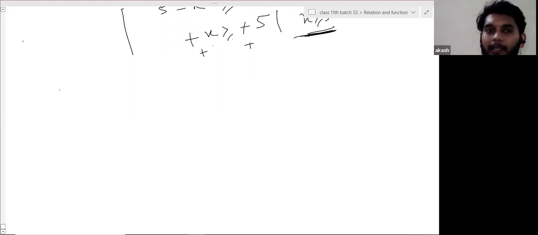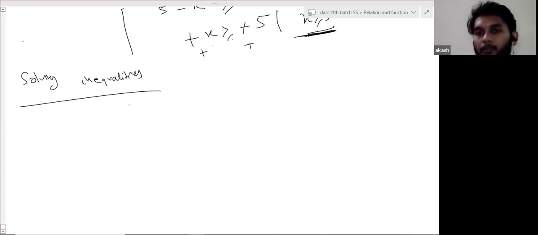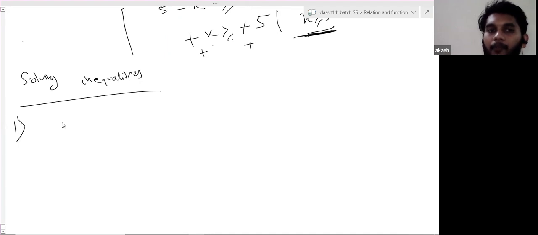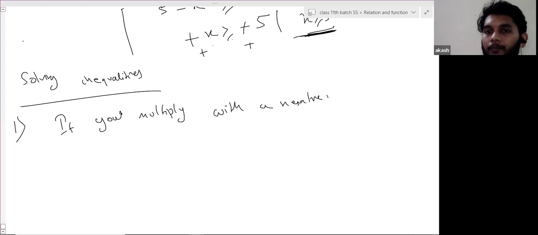Now this starts some inequality chapter. All right, make a heading: solving inequalities. Half portion of your this chapter is also going to finish in this. Whenever you are trying to solve inequalities, we have to remember that if you multiply with a negative number, the inequality changes.